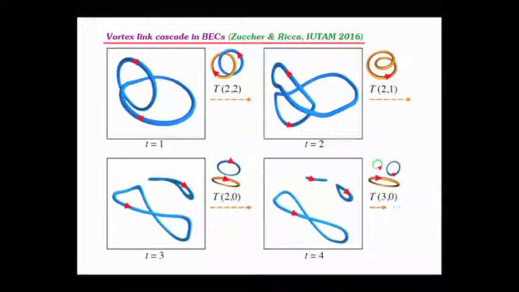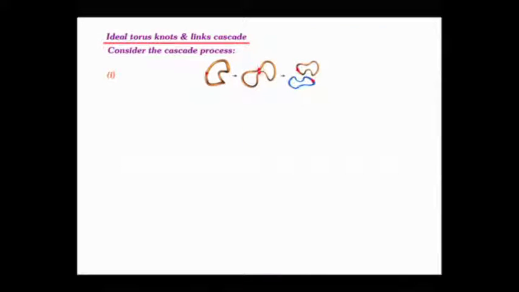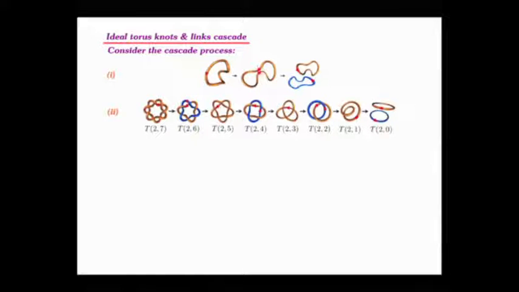Can we do anything useful with this HOMFLYPT? Well, we tried to set up a kind of mathematical problem, and to simplify things, first of all, we consider a cascade process where only one reconnection at a time occurs. Secondly, I confine myself to the topological class you picked, i.e. the torus knots and links.